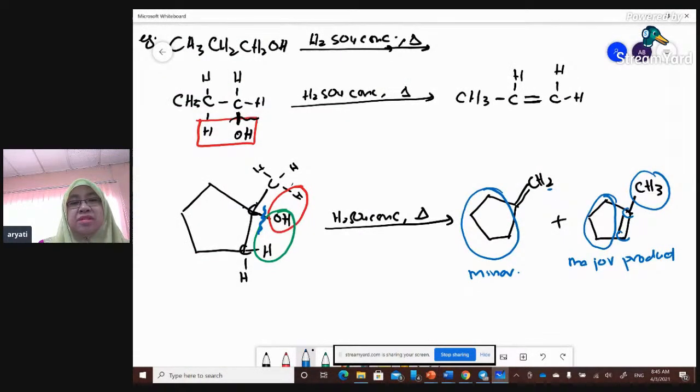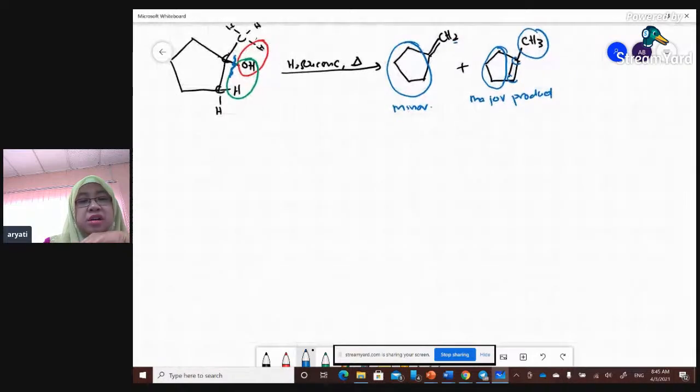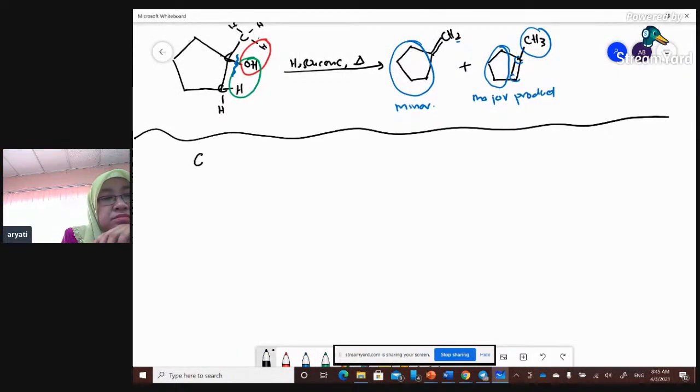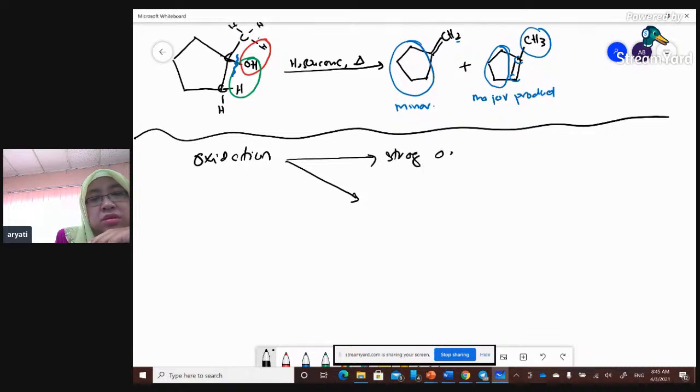So I do the summary of oxidation. The oxidation ada dua, by using strong oxidizing agent ataupun weak oxidizing agent.